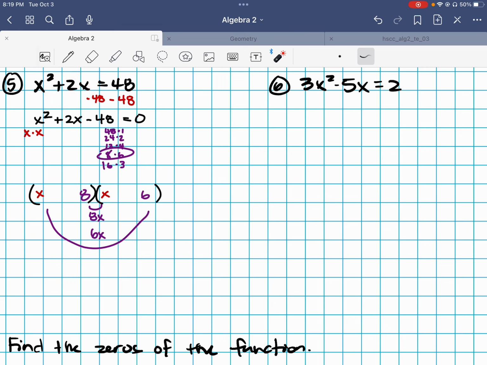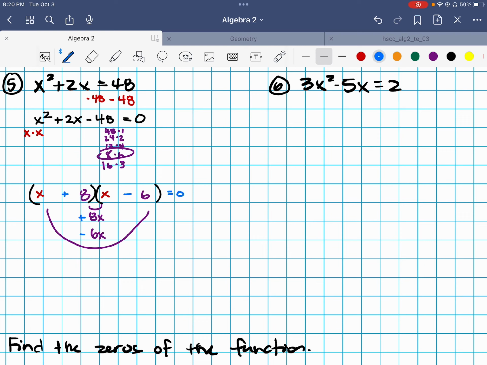We're definitely going to have the bigger number be positive. But since we want a positive 2x, we have too many positives with that 8, so we need to make sure that the 6 is negative. The 8x can only be positive if you multiply 8 times x, and the 6x can only be negative if you multiply x times negative 6. This right here is going to give us our factors.